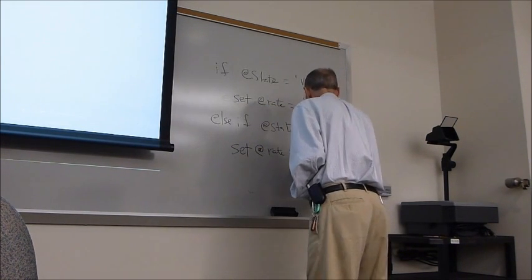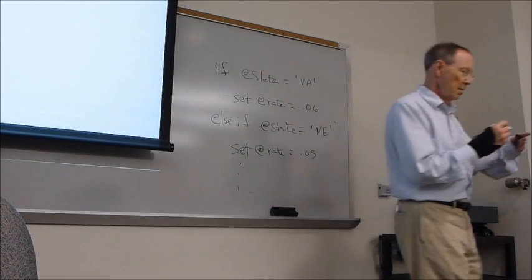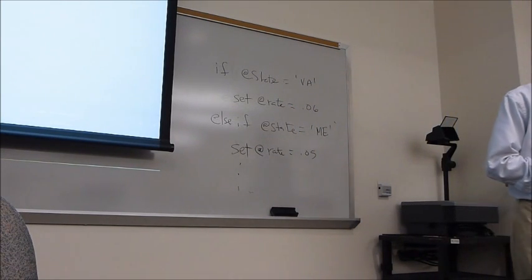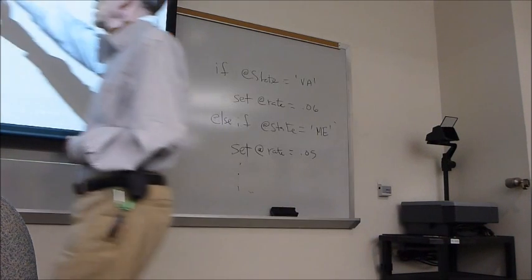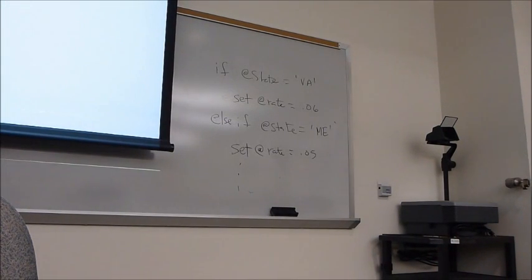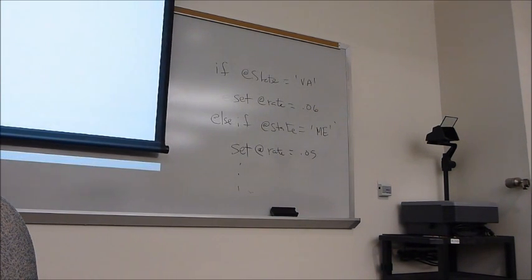Fine. 0.05, and you got the idea. Okay. Now do you see what? Well, but here I see there's rate and state. Yeah, it's rate and state there, but what I'm saying is, this state right here is the thing that produces the result. Why not just replace it right there?